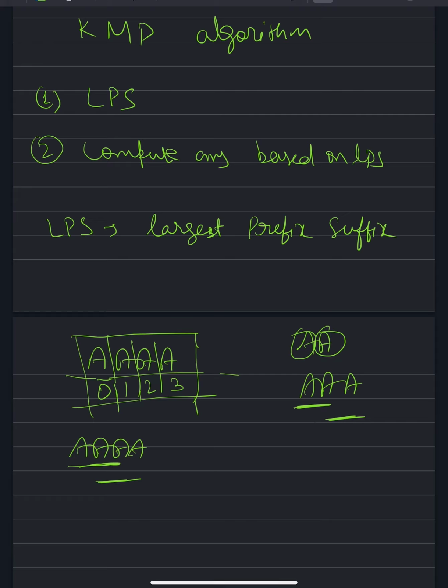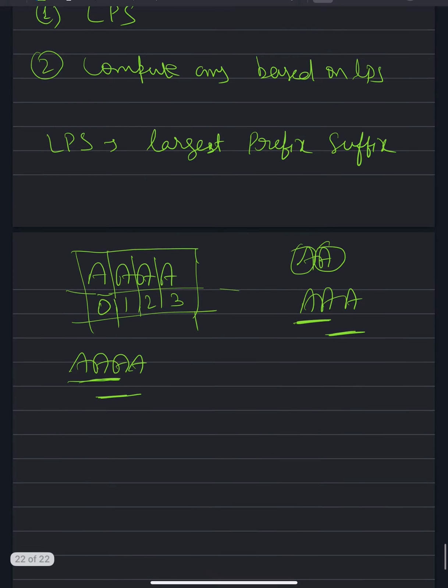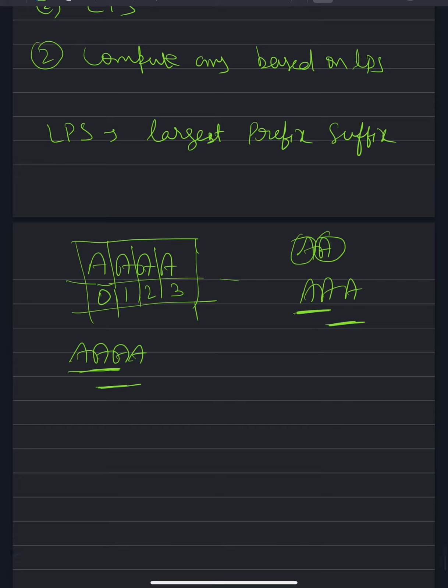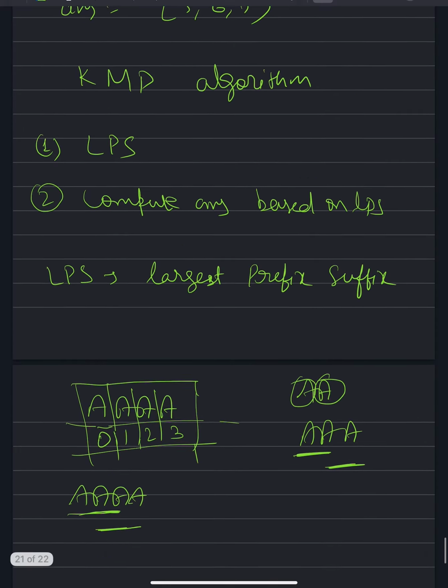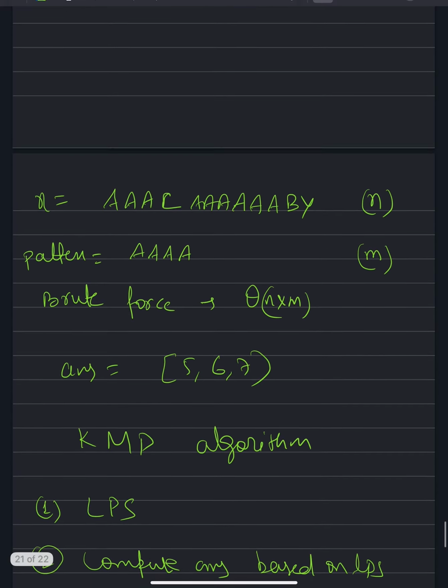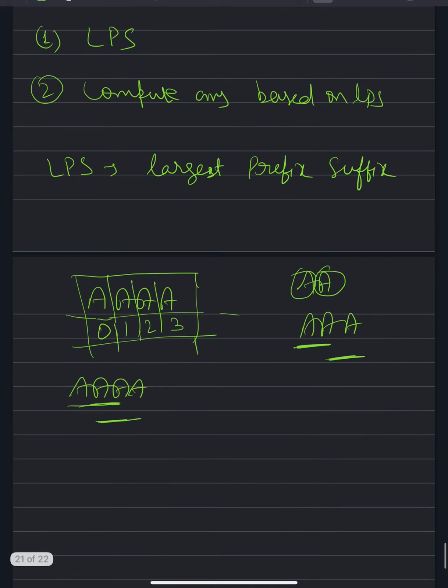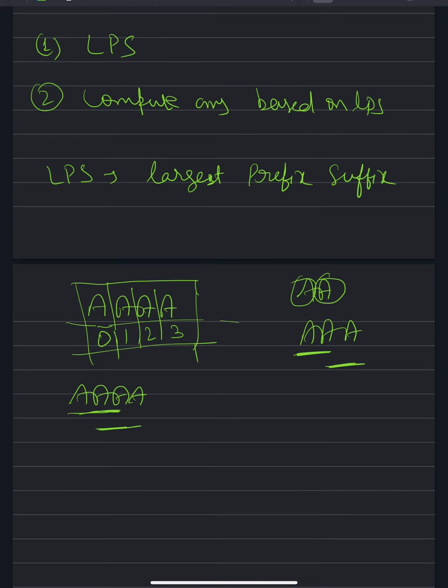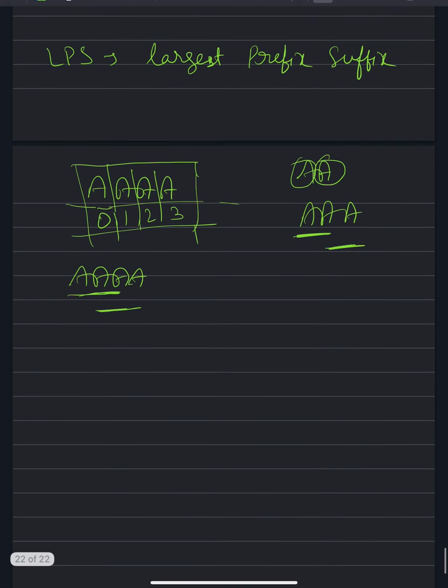I will tell you why we are calculating LPS. First you learn how to calculate LPS. What we are doing is capturing the largest LPS for each element of the pattern. Whatever the pattern is, we are calculating its LPS, and this is the LPS for it.